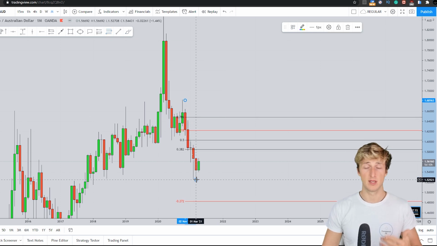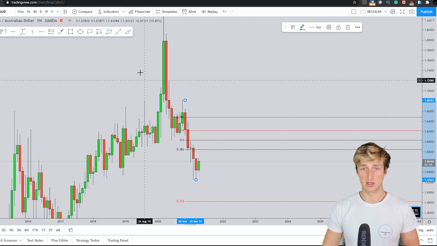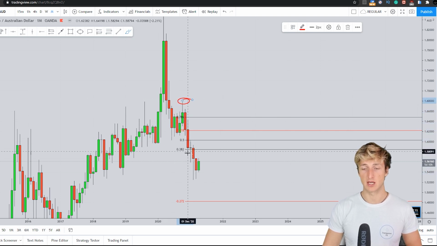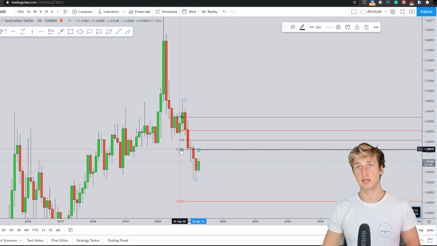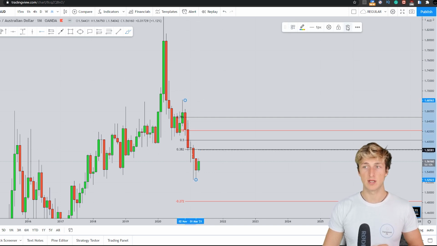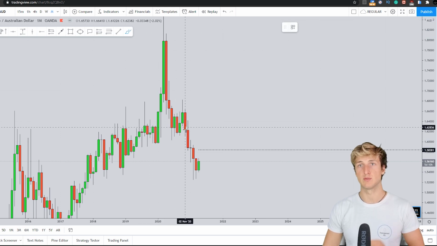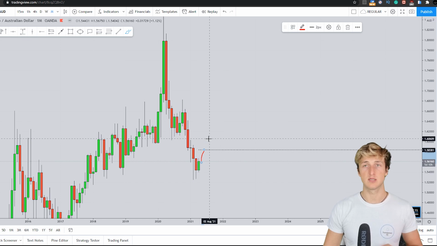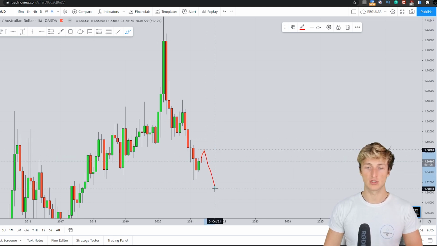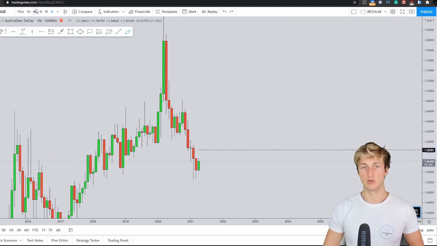In this case, the impulse leg is from this high to this low. So if we take our Fibonacci from this high to this low, what we can identify is that the 0.32 is currently lining up exactly at this area, which is a quite strong zone that we do expect this market to go and test. So here in the monthly, we can expect the market to provide a deeper correction before the continuation to the downside.